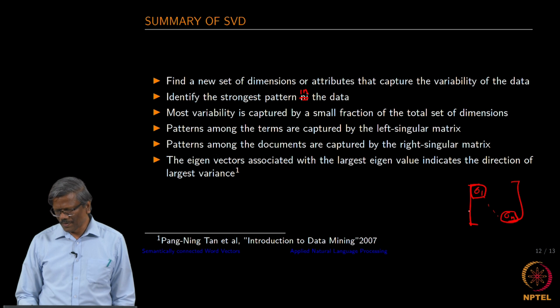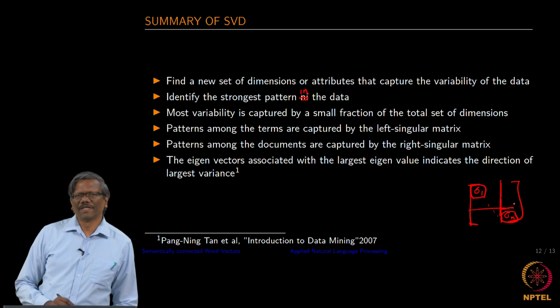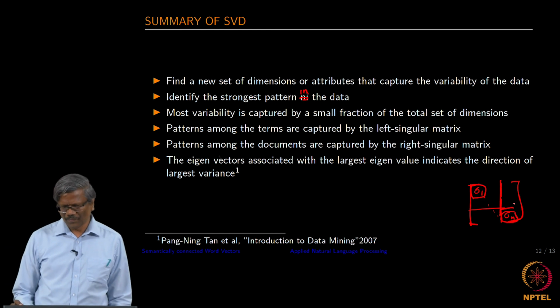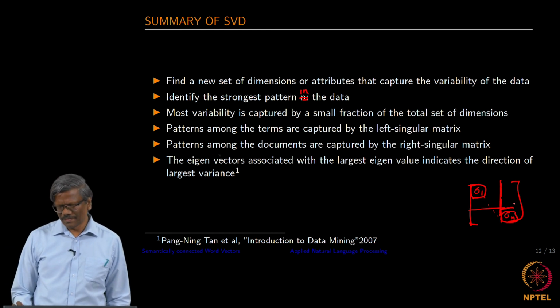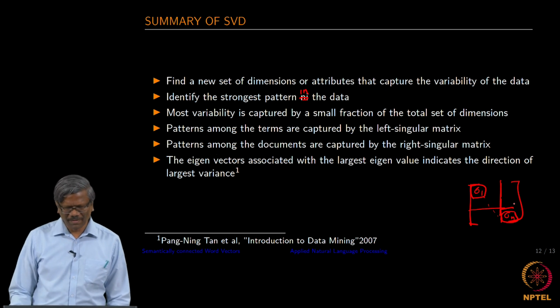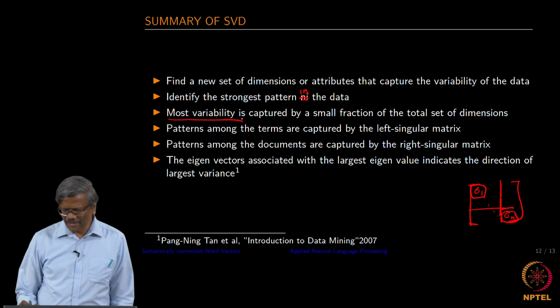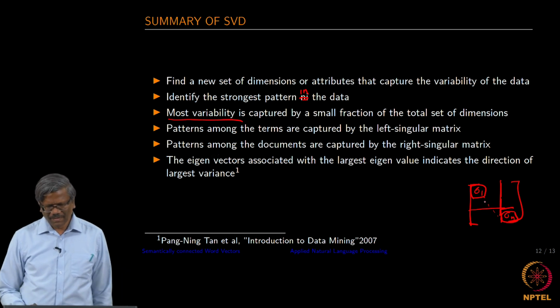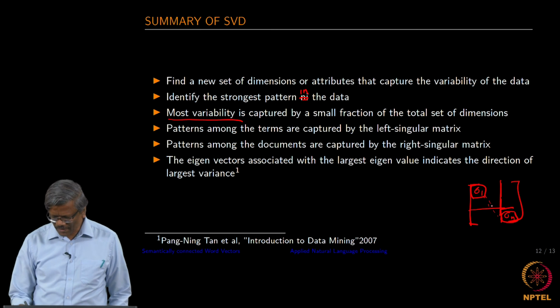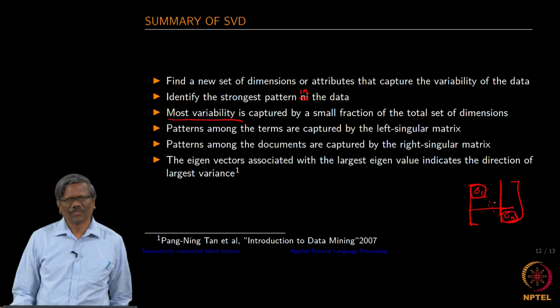That is why we are able to cut and reduce the dimension, and we are still reconstructing the original document with minimal error, right? So, we also know that the most variability is captured by a small set of values.